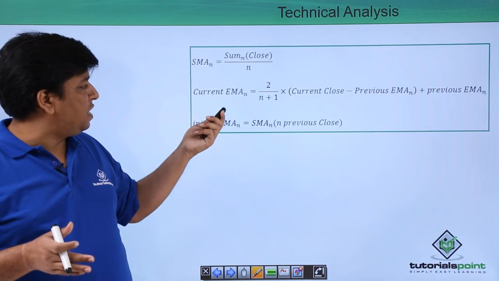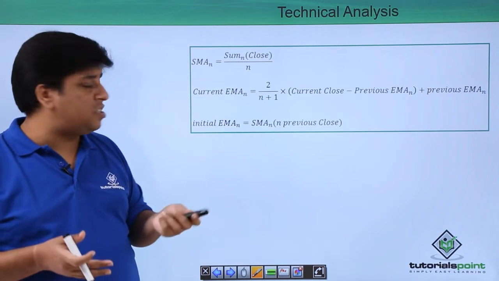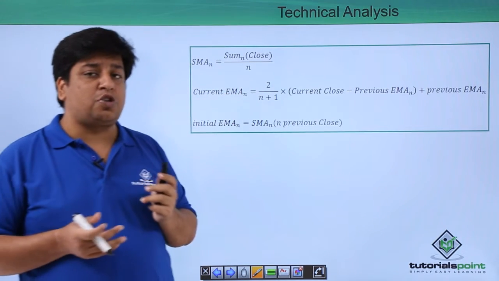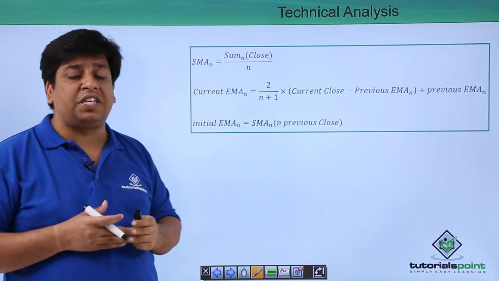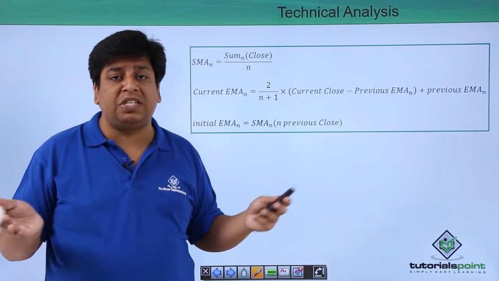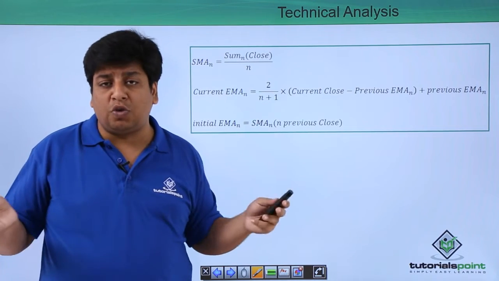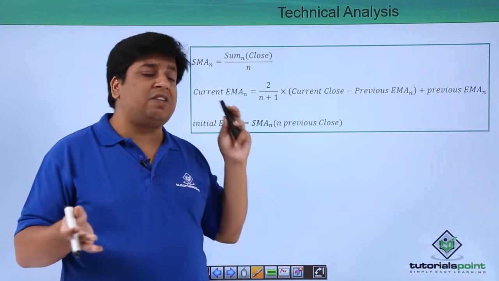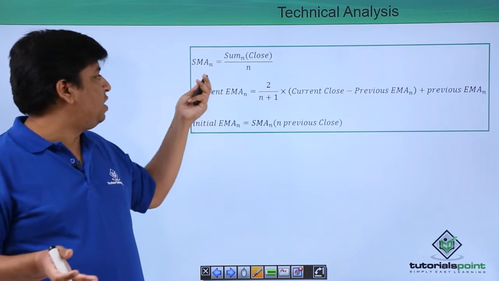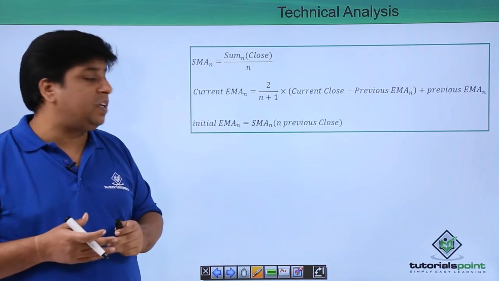So for simple moving average, whatever is the close price or adjusted close price for a particular stock, we take that, add it up and divide it by the number of days. Suppose we are calculating it for 21 days, we add the close prices or adjusted close prices for all the 21 days and divide by 21, and we get our simple moving average.